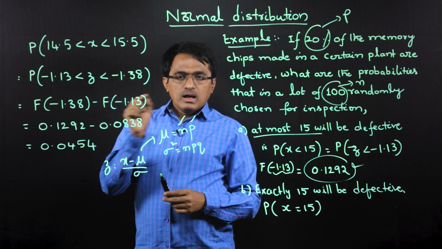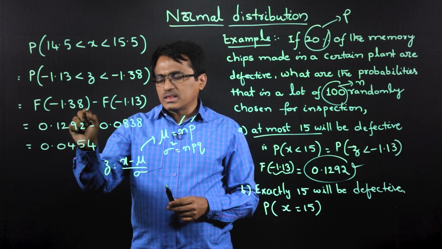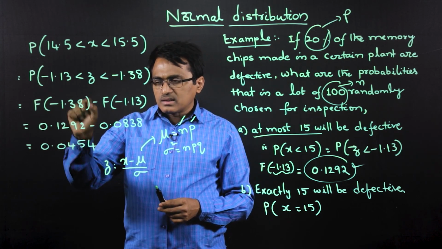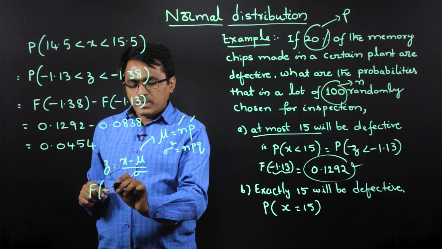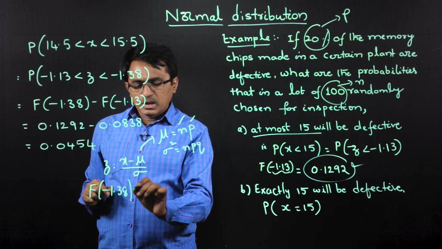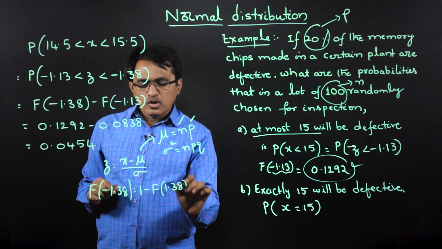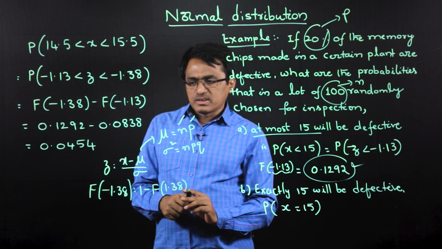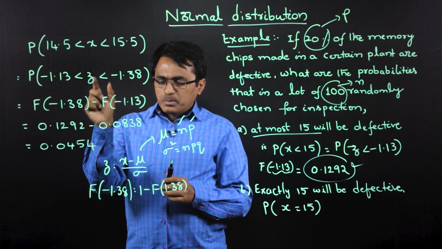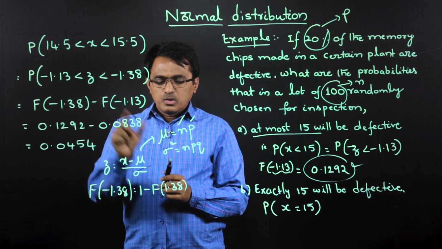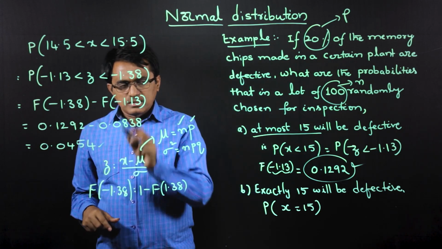As discussed, if F(-1.38) is not available, then we can make use of the relation F(-z) = 1 - F(z). By using this we can find the F(z) values even for negative values. Then we get the required probabilities.